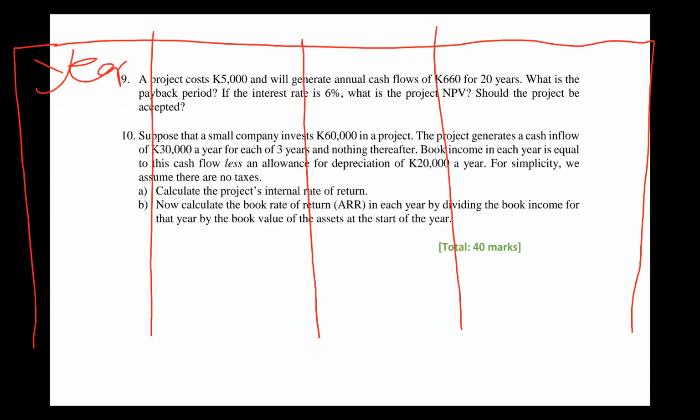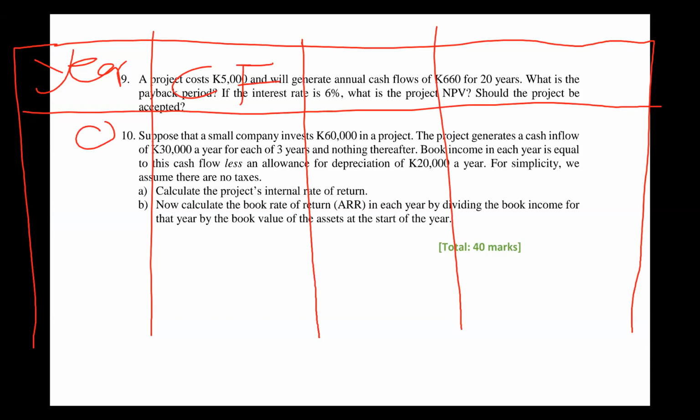Do we use the profits, or we use the cash flows? Which one do we use to find the net present values? It is the cash flows, isn't it? There is year 0, year 1, year 2, year 3. There are 3 years here. So in year 0, you invested 60,000, right?